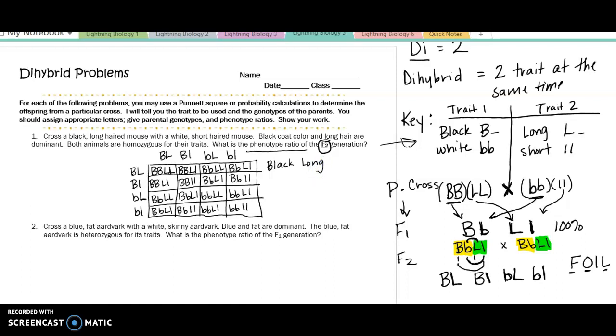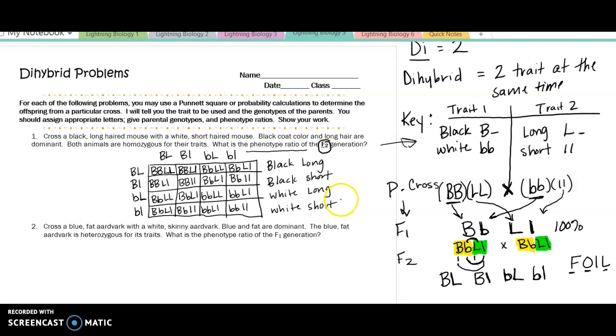So that means they have to have at least one big B and one big L. I could end up with individuals that have black short hair. I could end up with individuals with white long hair. And I could end up with individuals who are homozygous recessive for both traits, and they would be white short hair.